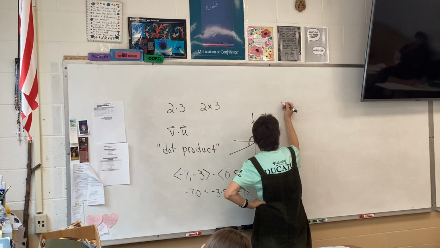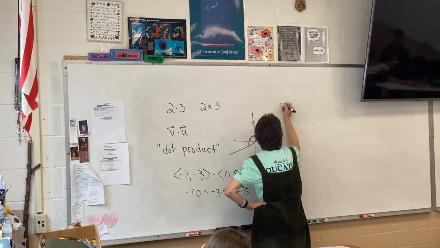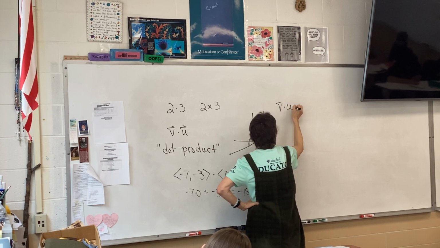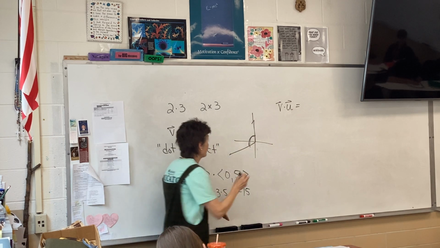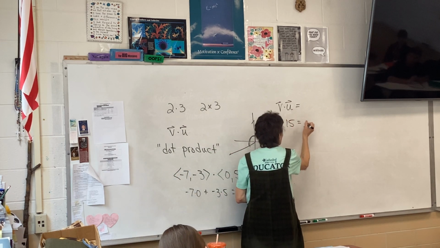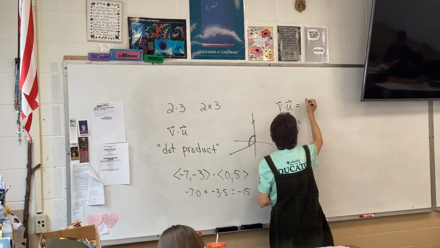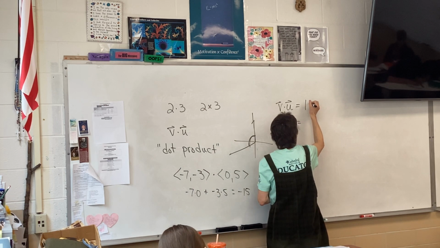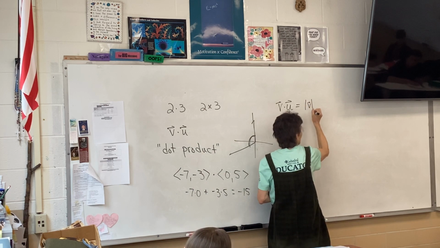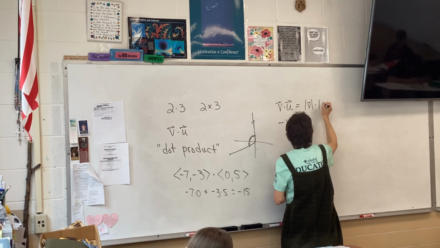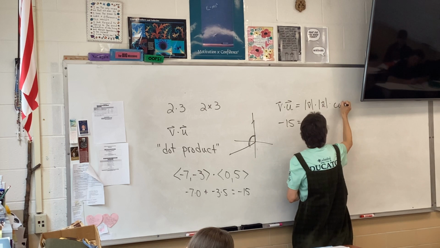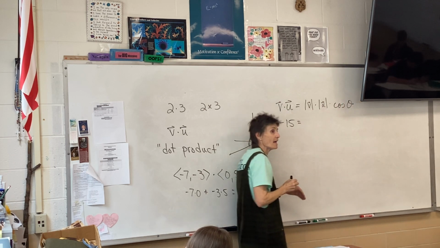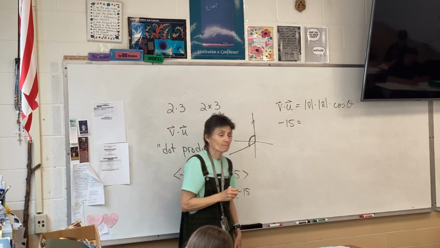To find the angle between two vectors, you set the dot product, which we already found out, that's negative 15, equal to the magnitude of the first vector times the magnitude of the second vector times the cosine of the angle between them.